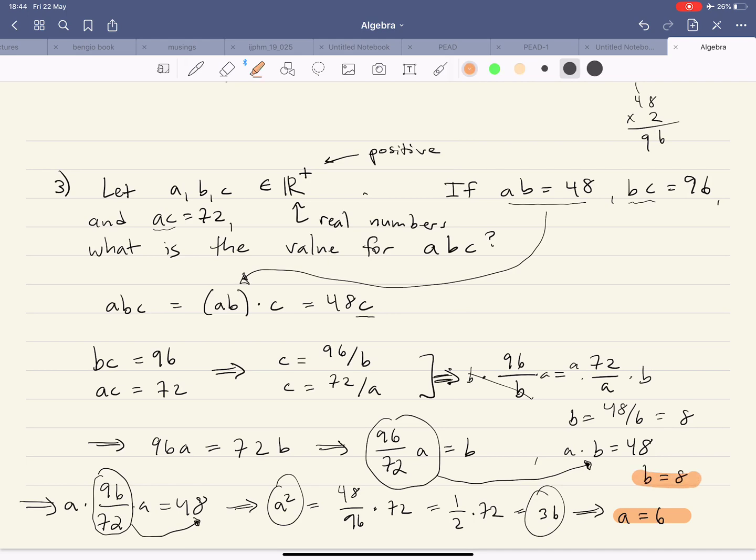And C equals 72 divided by A, which is 12, right? A was 6. 72 divided by 6 is 12.